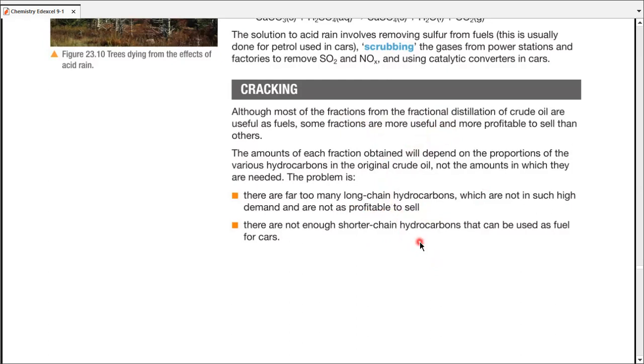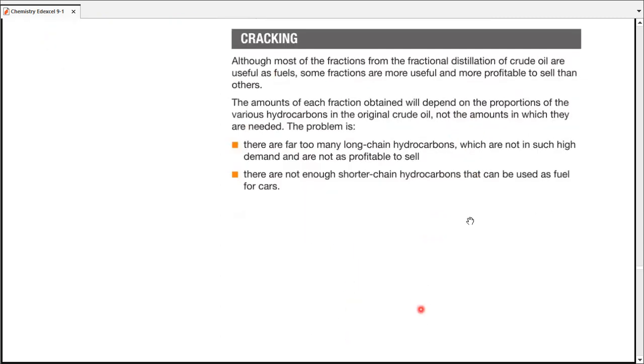Car fuel is one of the most demanded hydrocarbons from the entire set of fractions. So what if we can convert the bigger, less valuable fractions into smaller, more valuable, more profitable fractions such as car fuel? This would solve the entire set of problems. And cracking is the process which is going to do this for us.